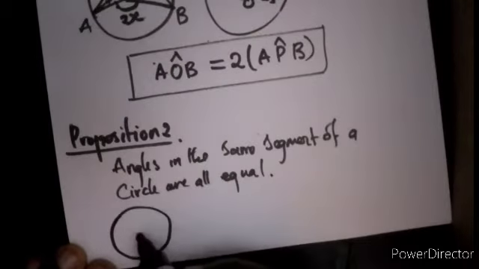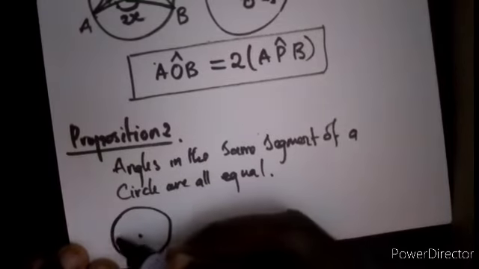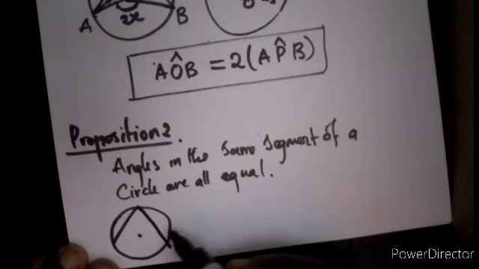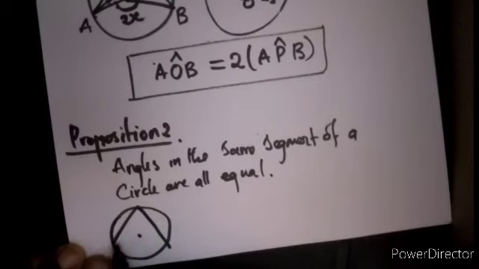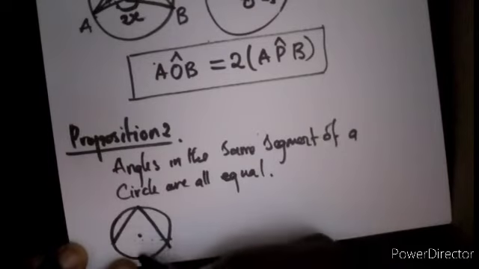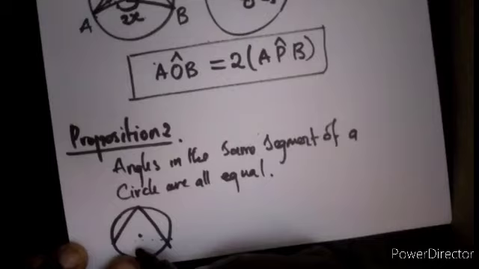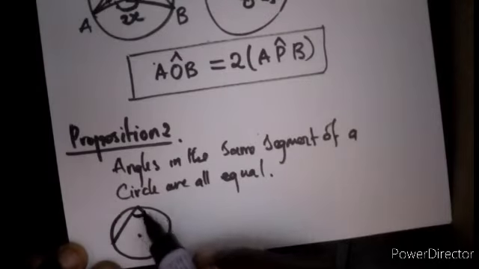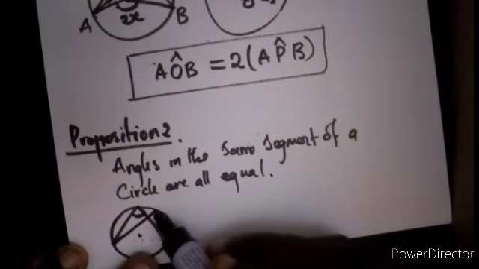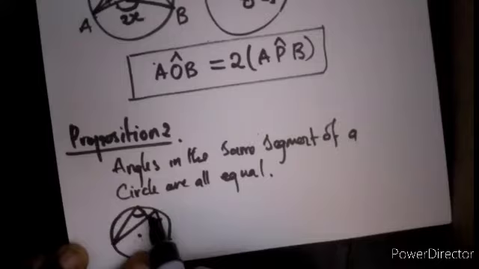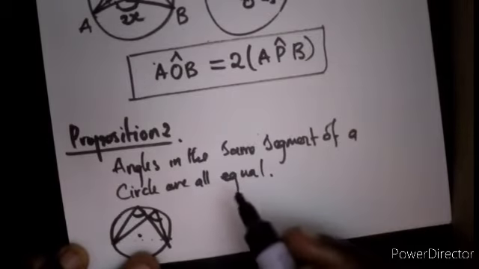That is, if you consider the circle here, then we have a segment. If I trace a horizontal line like this, this is one segment, and this is the second. This is actually the major segment, and this is the minor segment. So for this segment, this angle here and this other one formed in the same segment are equal. This is what we mean.